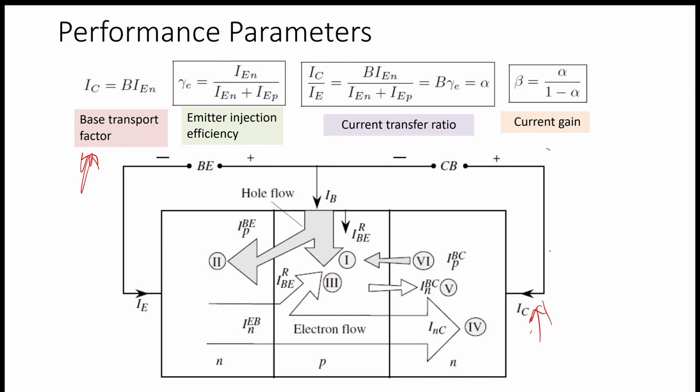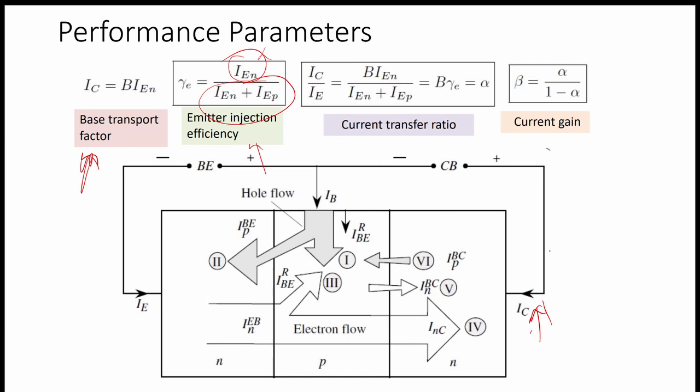Another thing is the emitter injection efficiency. Now comes the extent of the electron current in the total emitter current. So the emitter injection efficiency is given by the ratio of the electron current to the total emitter current.